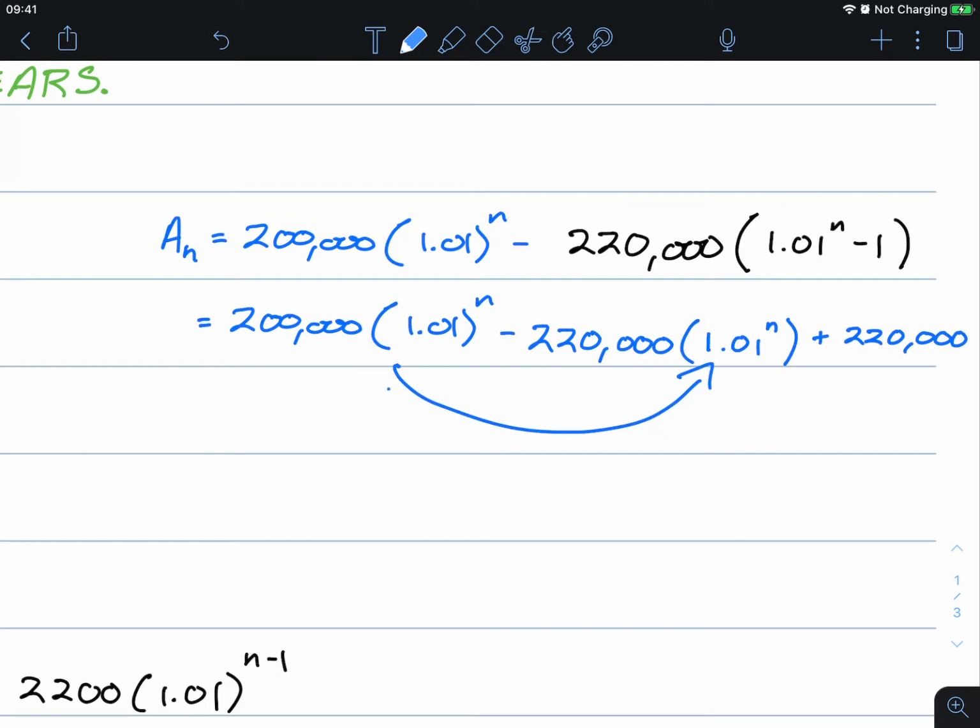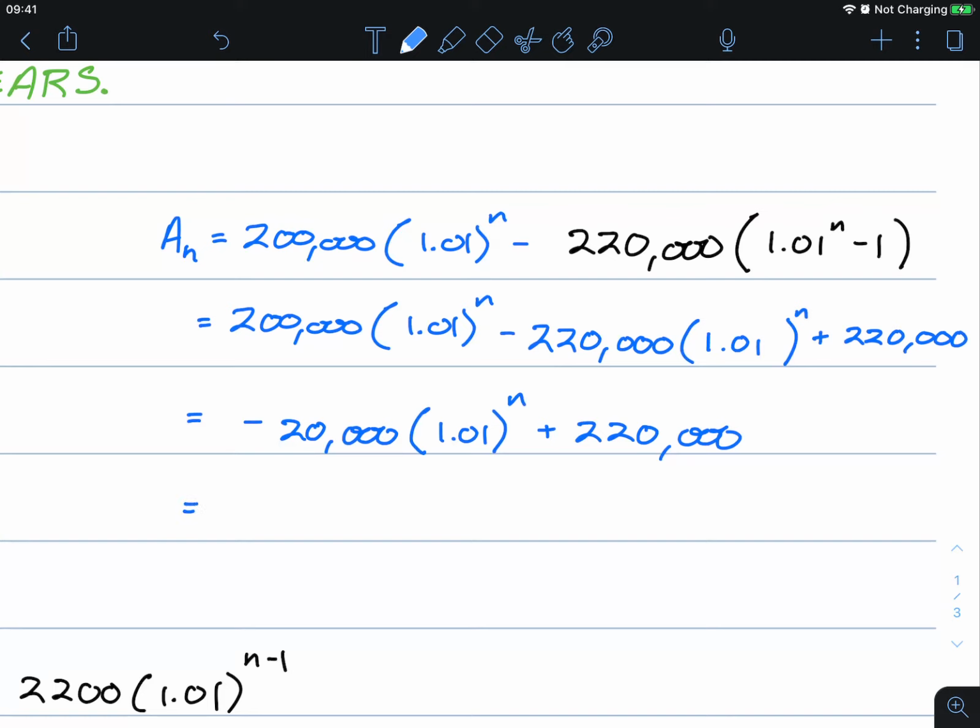These two are like terms. So subtracting the coefficients of these, negative 20,000 times 1.01 to the power of n plus 220,000, or we can just switch them around to make it look a little nicer.